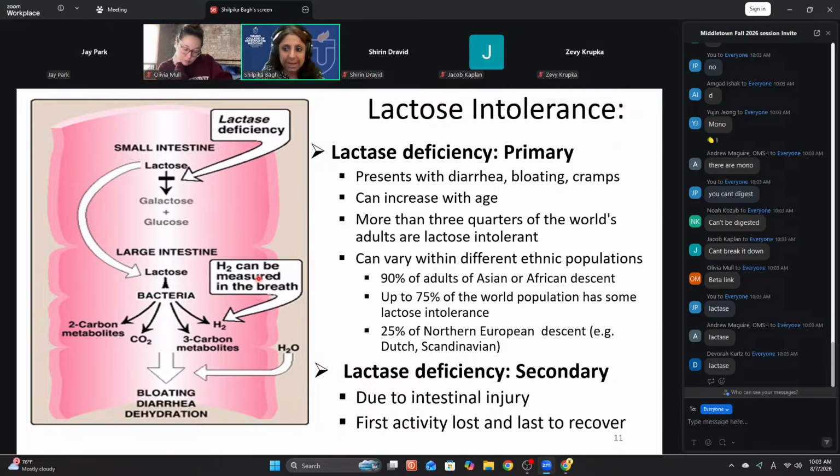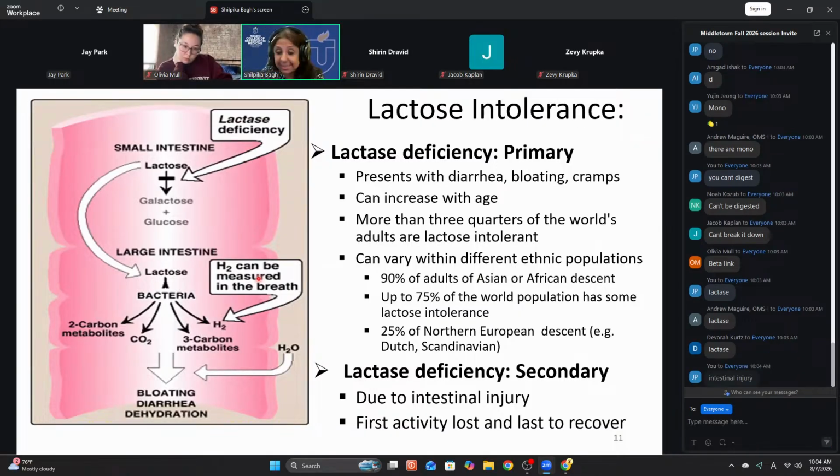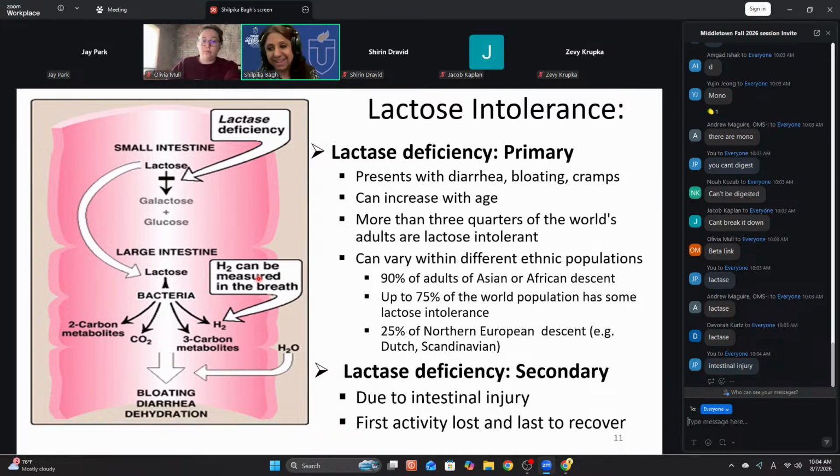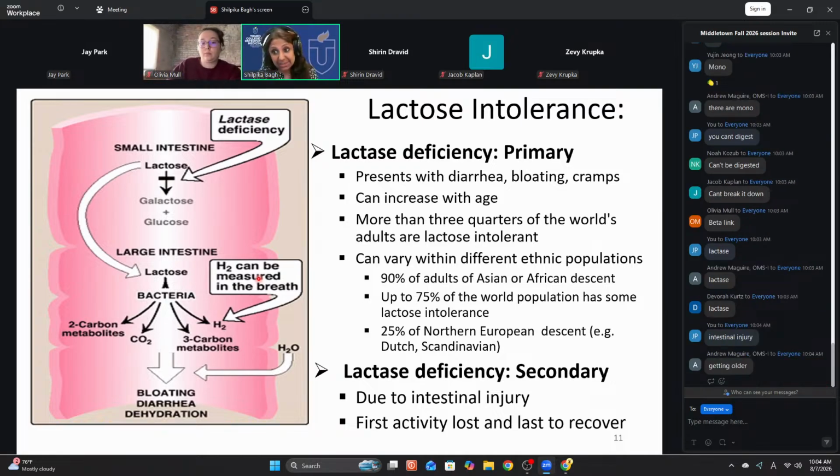So please know that clinically lactose intolerance is not just primary, it could be secondary because of loss of lactase enzyme. How can you lose lactase enzyme? Secondary lactase deficiency can occur with intestinal injury, infestation, and any kind of GI infestation.